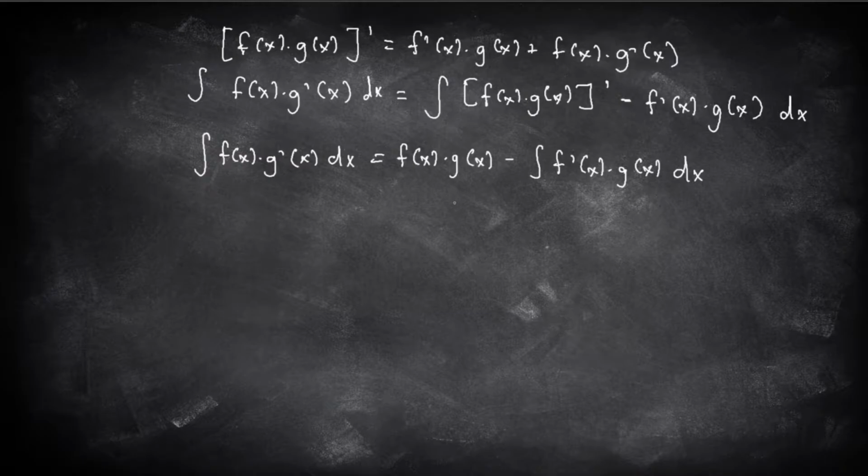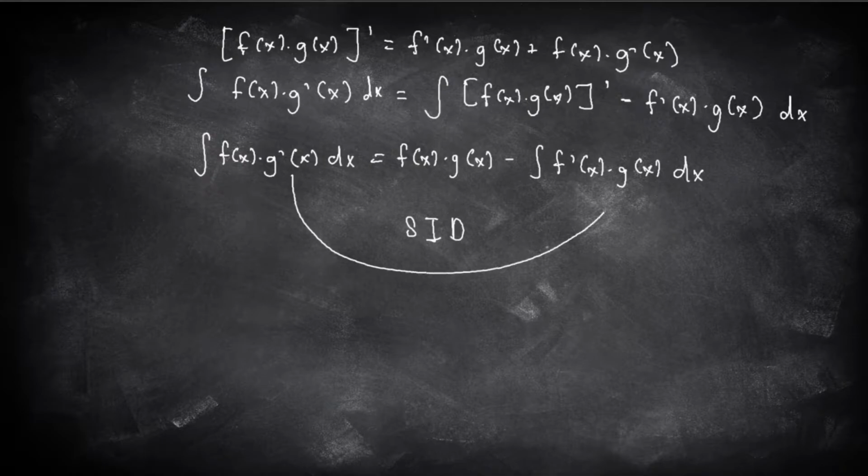Okay, so basically, if we're given two functions, f of x and the derivative of g, just think about it as a function. Don't worry about the notation. So this is our integration by parts. We keep the first one the same. And then for the second one, we find the integral, because we work from the derivative to the integral. And then the first one, we take the derivative.